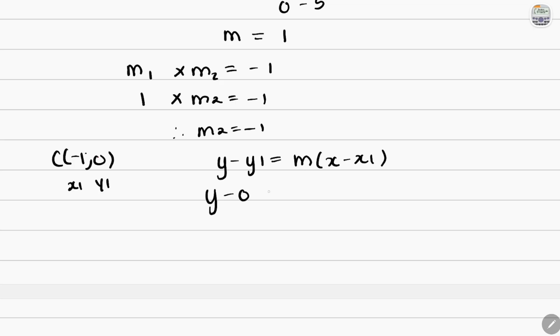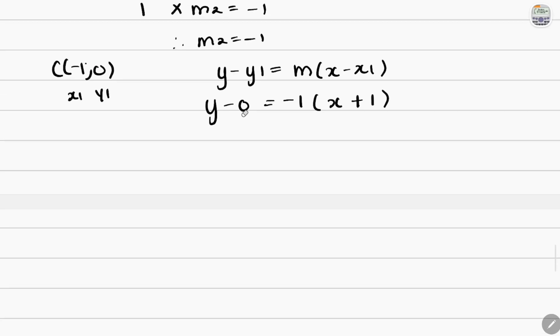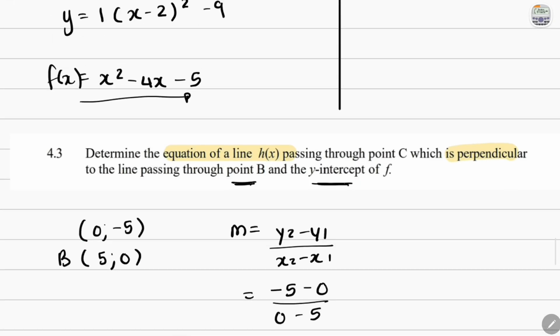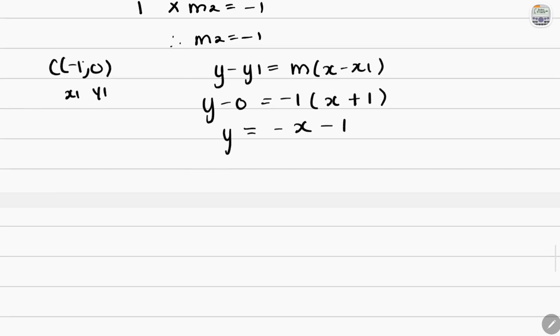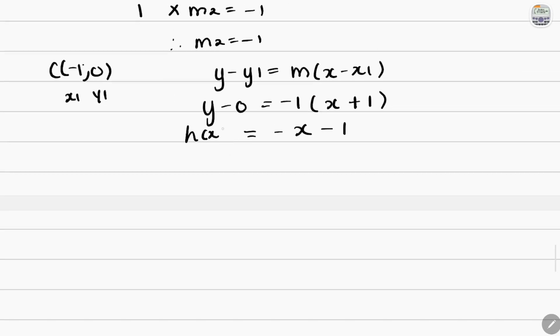So y minus 0 equals our gradient of -1, and then times x minus -1, which becomes x plus 1. So y minus 0 is just y, is equal to, and this multiplies into become -x and -1. Okay, and they told us it's the equation of h of x, and they didn't say write it as y equals, so I'll just rewrite this as h of x is equal to, and that is our answer.